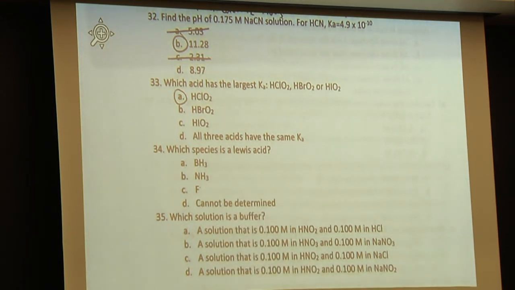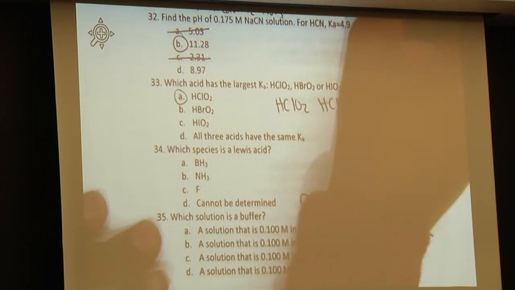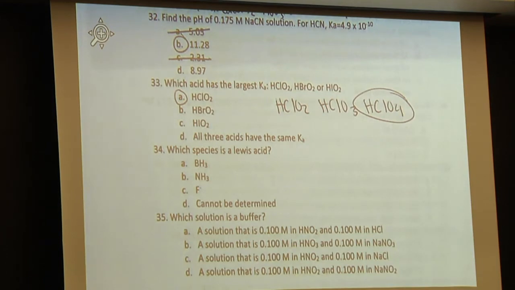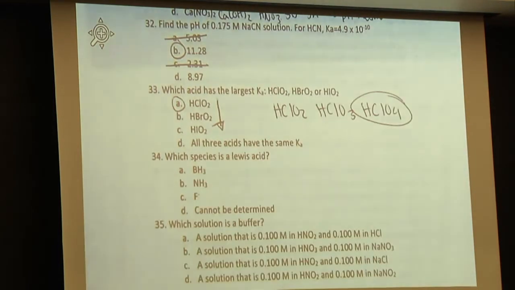So you should know each question that could come up. If it was HClO2, HClO3, HClO4, this one would be the highest. In this case, it's the highest because of what he said: as you go down the periodic table, the larger the ion, the harder it is to dissolve.